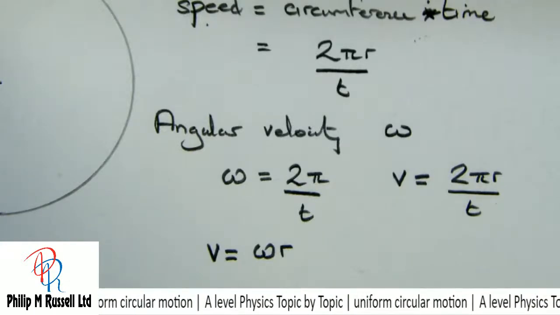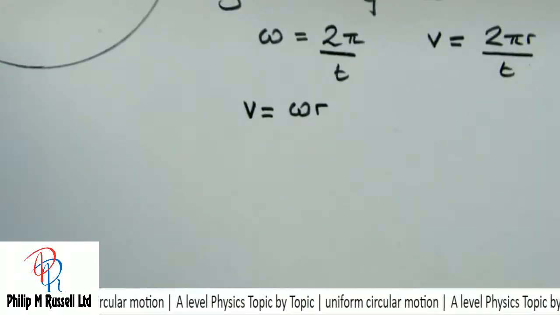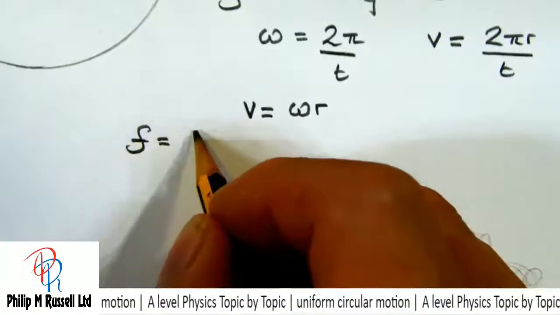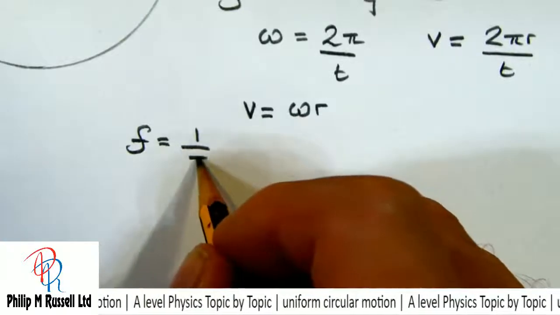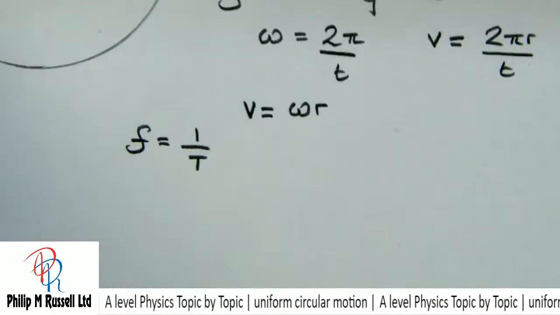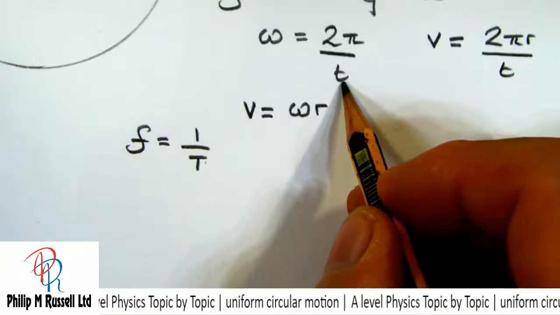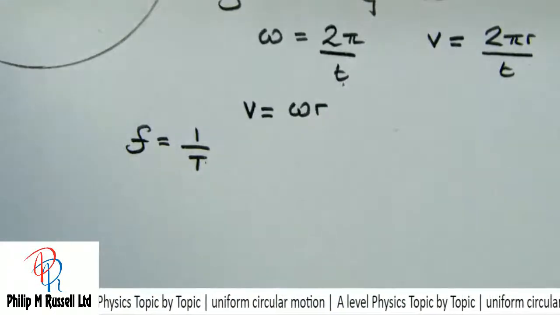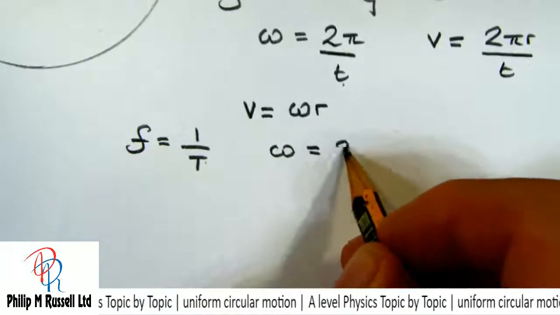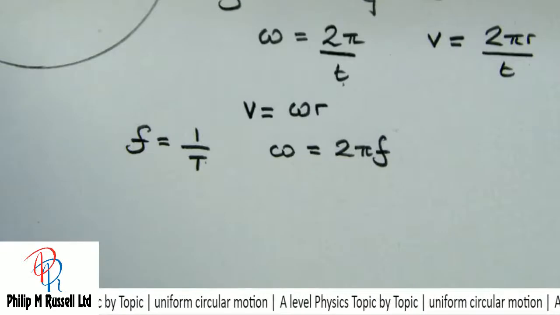And what else do we know? Well, we also know from doing some of our work with waves that the frequency equals 1 over t, the period. And this period, this t, is the same as that time there. So we can say that omega here can also equal 2 pi times the frequency.